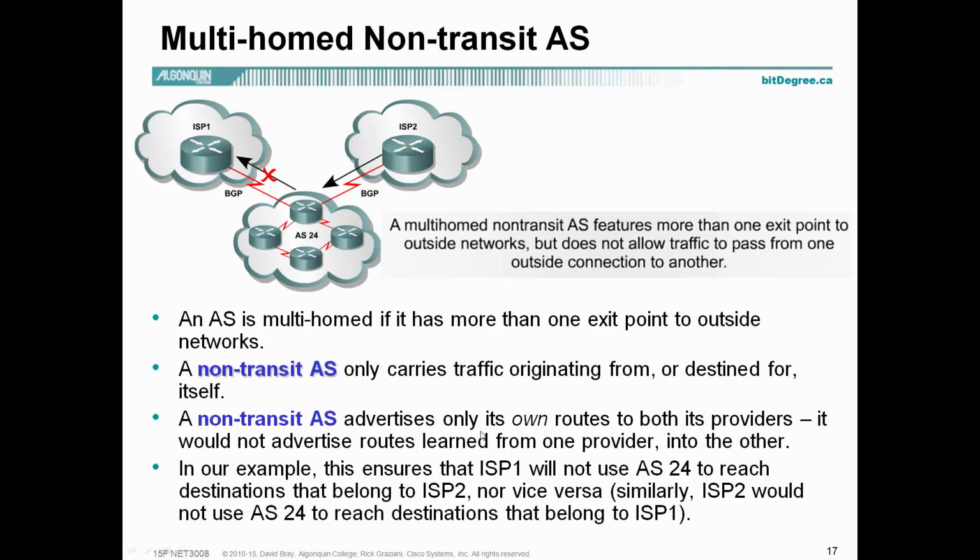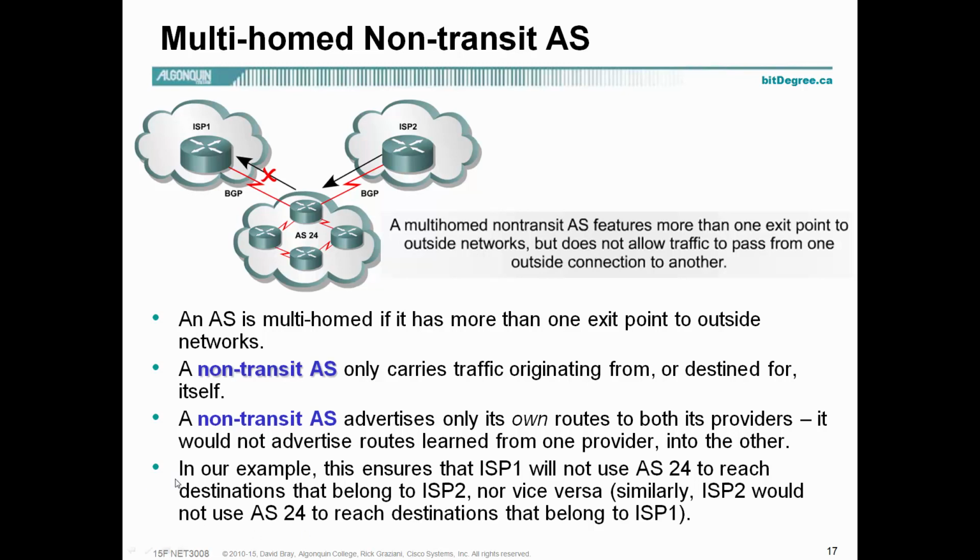You're promising to carry the traffic. So that's why we say here it advertises only its own routes, because if AS24 received routes from ISP1 and started advertising them out towards ISP2, that would draw traffic through ISP2 towards AS24 that was destined for ISP1, and that would be something we don't want, because that would turn AS24 into a transit AS.